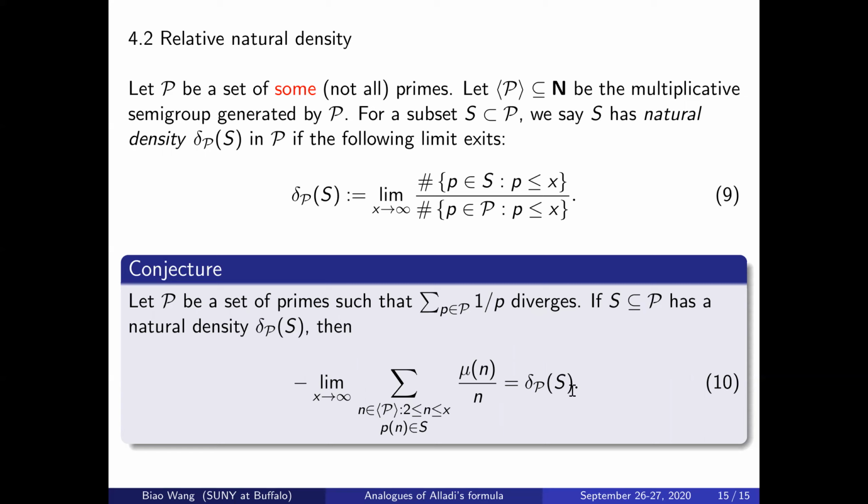Here, if S equals capital P, then delta sub P of P is 1. Then this formula appears in the paper of Tao in 2010. So this formula is like a hybrid of Tao's formula and Alladi's formula.